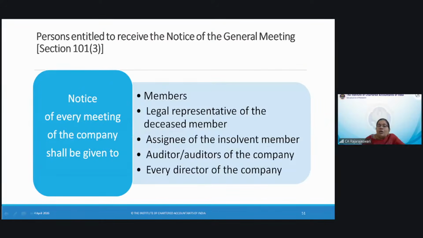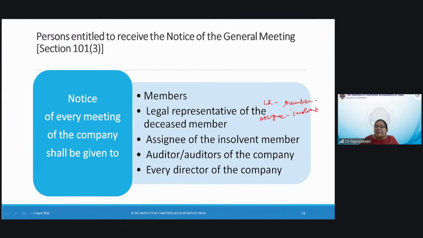Then, who are all the persons entitled to that notice? It is not only members. It includes the legal representative of the deceased member, that is, a member who is no more, or the official receiver or assignee of the insolvent member.